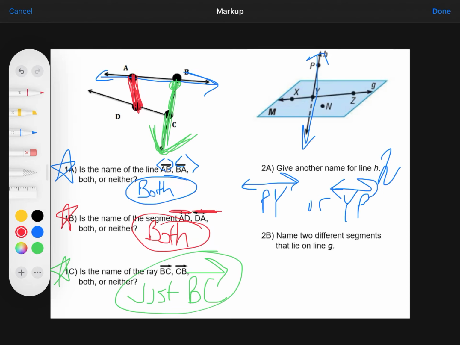All right, next, take a look at line G. Line G goes on and on and on forever here. What's two different segments? Not two different names for the same segment, no. What's two different segments you see on this red line that goes on forever? So again, I'll pause.